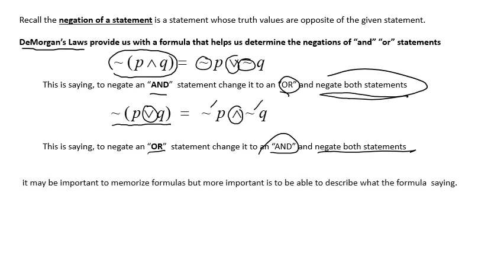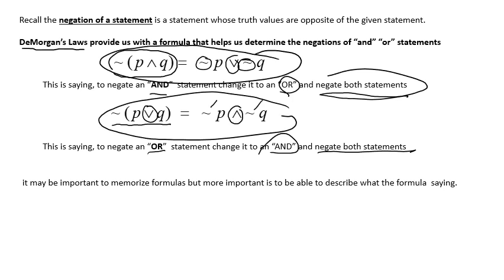It may be important to memorize formulas, but more important is to be able to describe what the formula is saying. You could go around memorizing each one of these formulas, but what are these formulas actually saying? That's important.